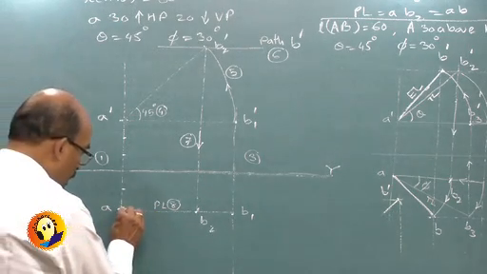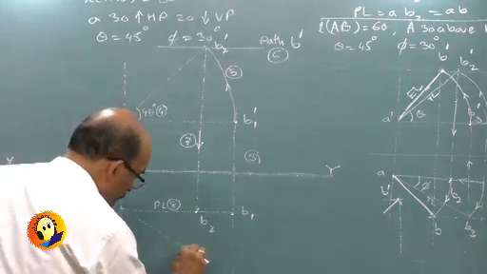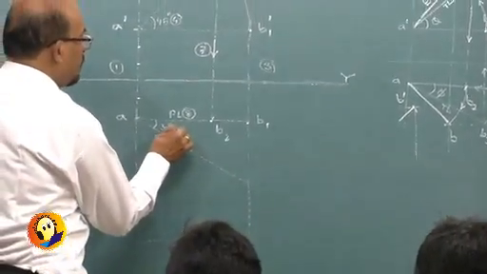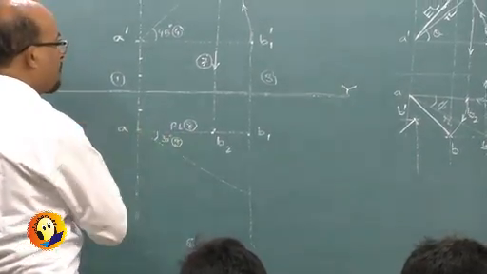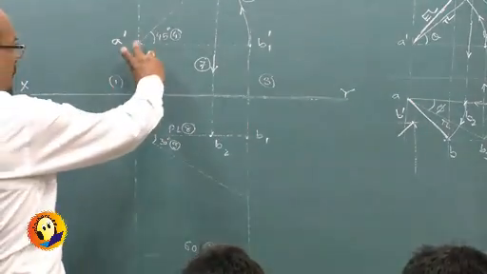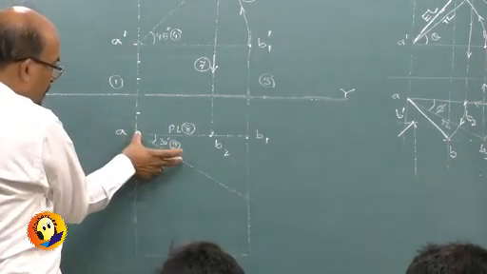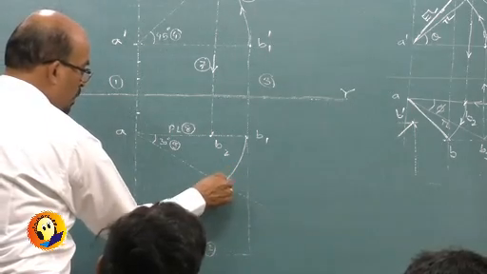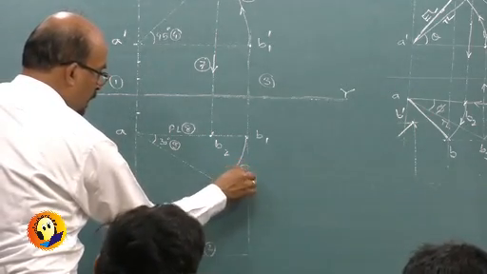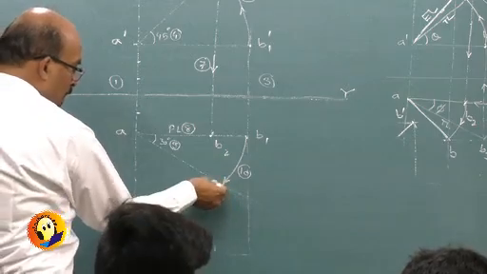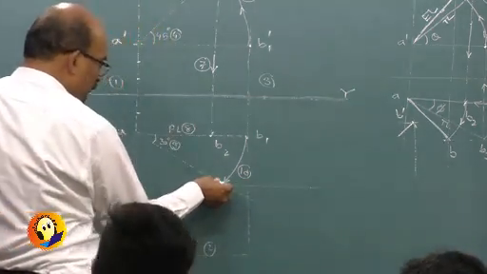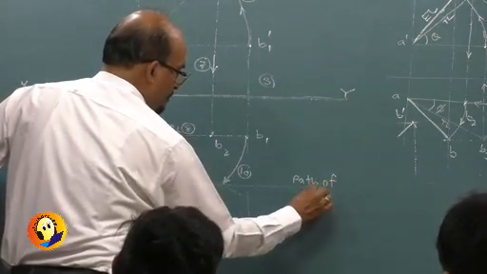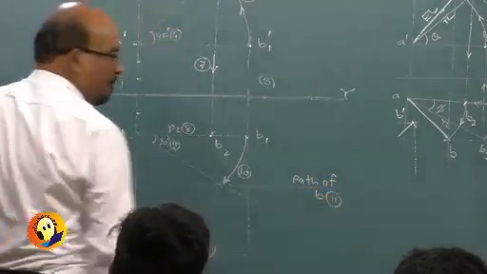Then marking 30 degrees is step number 9, and rotating the plan is step number 10, rotating the true length, and get the height of path of B. Is step 11.